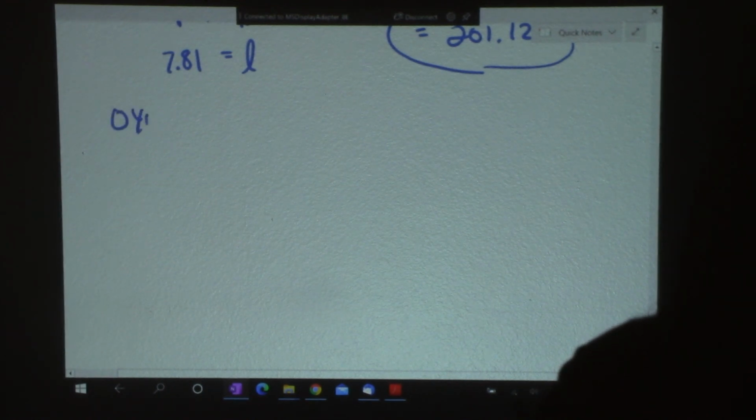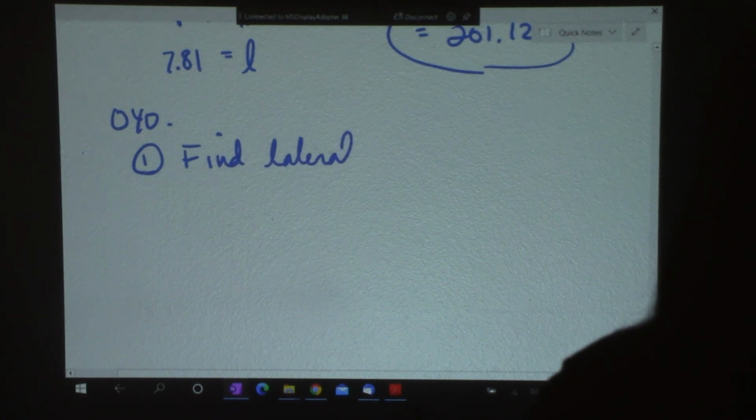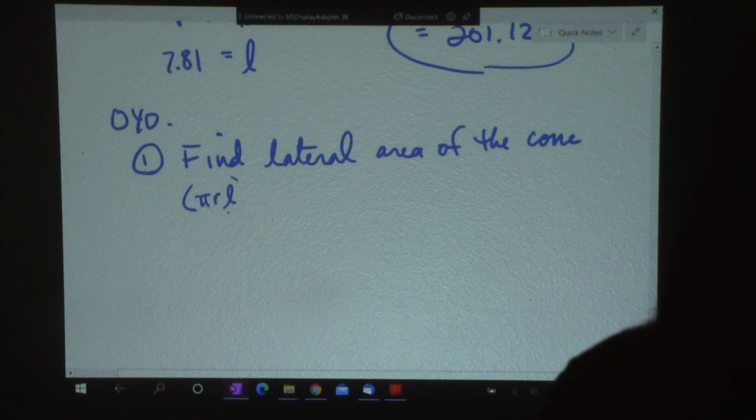So here you go. Number 1, find the lateral area of the cone. So that means pi r L. And number 2, find the surface area of the cone.